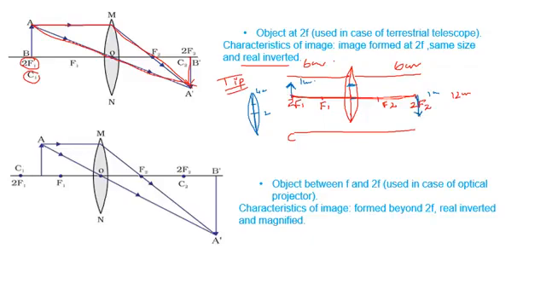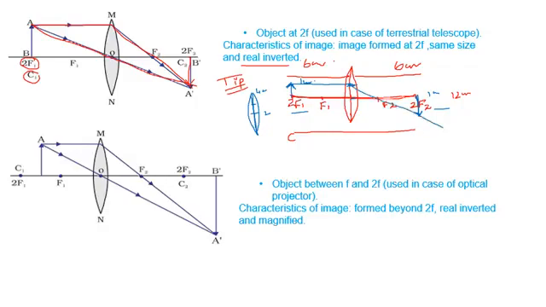Now after you draw the object and the image at 2F1 and 2F2 respectively, then you start drawing the rays. The first ray will be parallel to the principal axis. After refraction, it passes through the focus. Let's see how it passes through the focus. It passes through the focus like this.